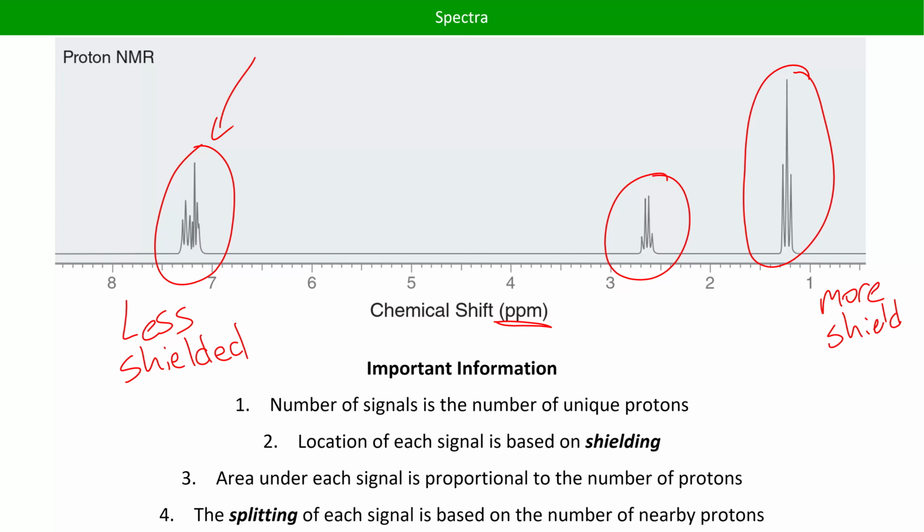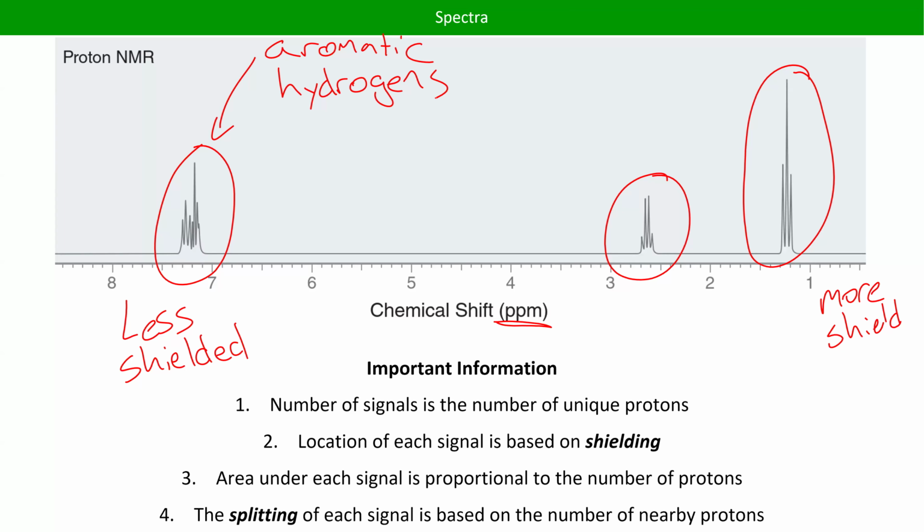Because benzene hydrogens, aromatic hydrogens, always show up between about 6.5 and 7.5. And I have a table, just like with the IR, that says if you see a peak in this area, it's probably that.